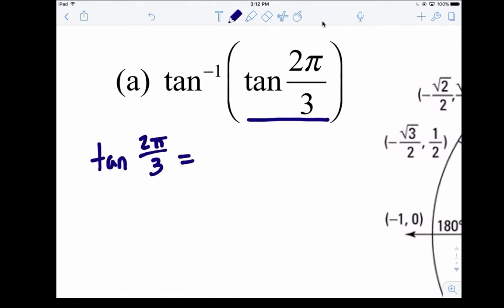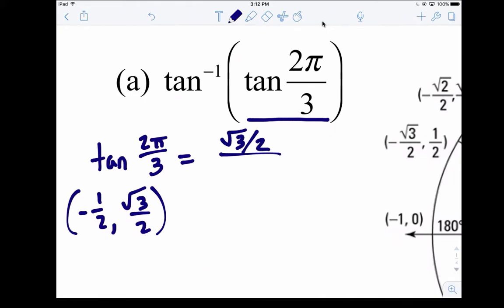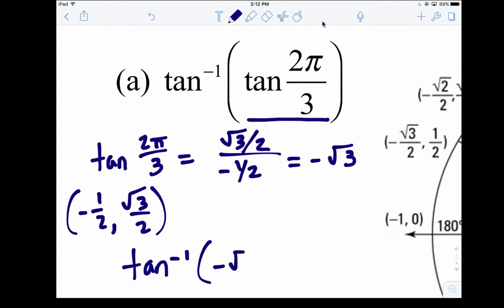So that's negative 1/2 and root 3 over 2. I'm going to do root 3 over 2 divided by negative 1/2, and that's going to be negative root 3. So tangent of 2 pi over 3 turns into negative root 3. Now you have inverse tangent of negative root 3.